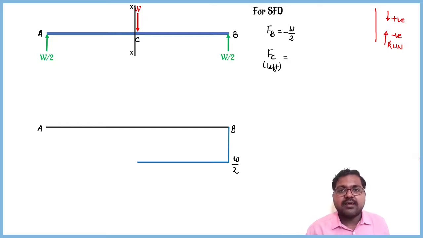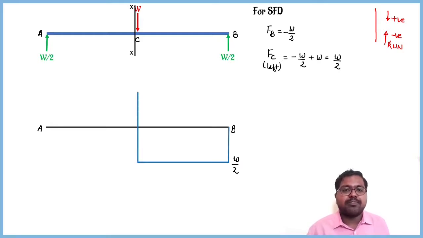Now on the right hand side, if we come from the right end, we have W by 2 force acting upwards, that is minus W by 2, and here we have W, the external load acting downwards, that will be equal to plus W. So we will have W by 2, which means at point C, due to this concentrated or point load, the shear force suddenly increases from minus W by 2 to plus W by 2.